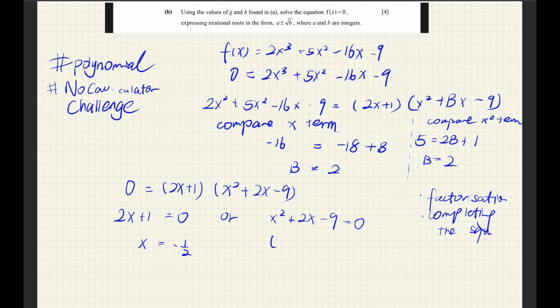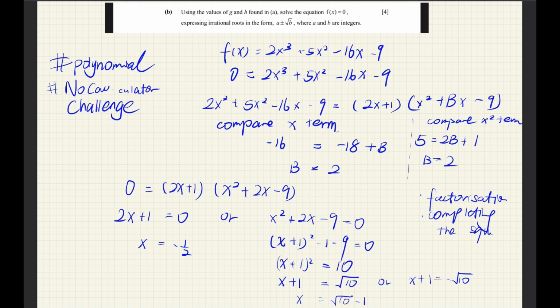Do you still remember how to do it? x plus 1 squared minus 1 minus 9. And therefore, it's either x plus 1 equals square root 10 or x plus 1 equals negative square root 10. x equals square root 10 minus 1 or x equals negative square root 10 minus 1.